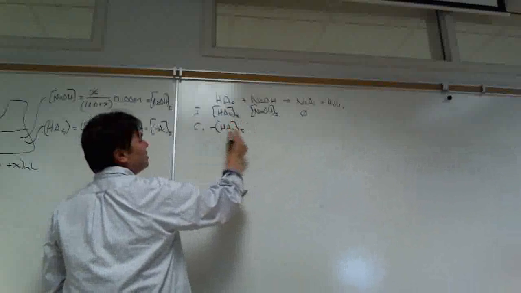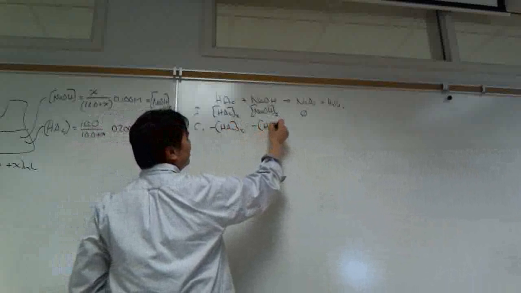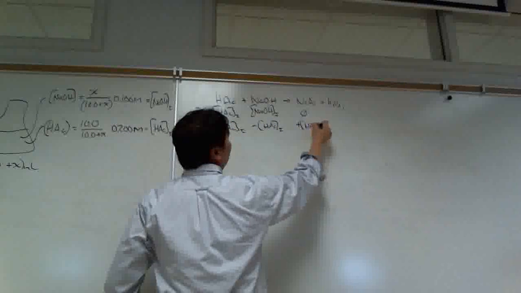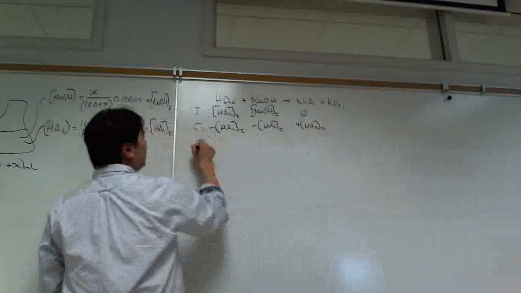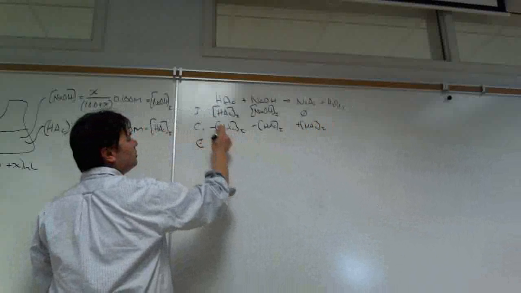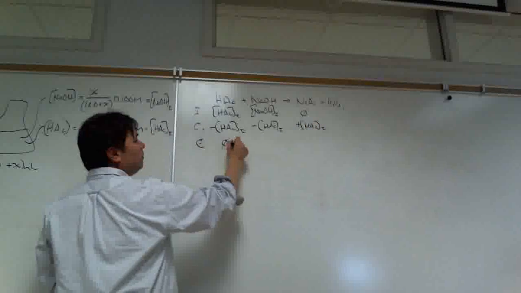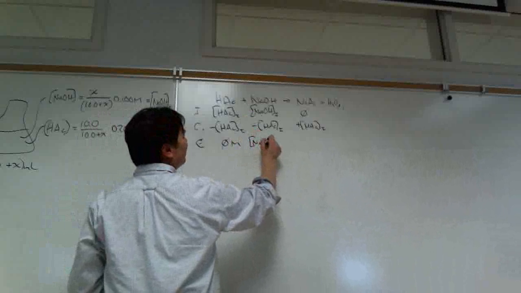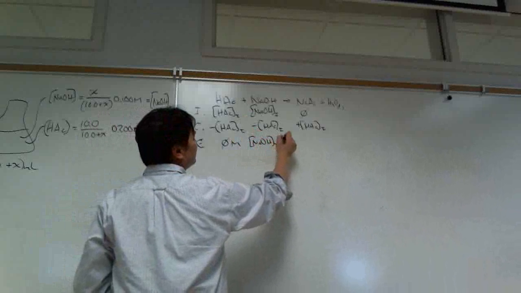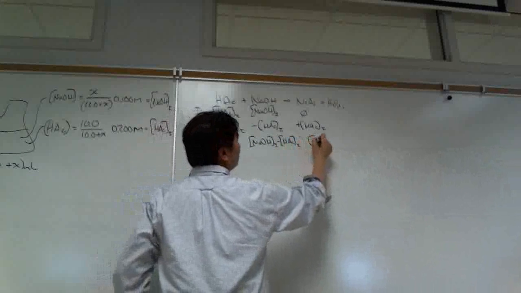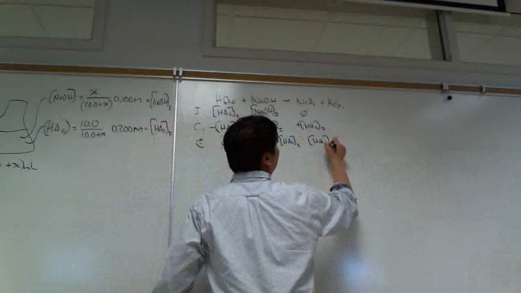And so minus HAc initial, plus HAc initial, the concentration, whatever it is. And so at the end of this, I'm going to have 0, right? Molar. And then I'm going to have NaOH initial minus HAc initial, and then NaAc initial.